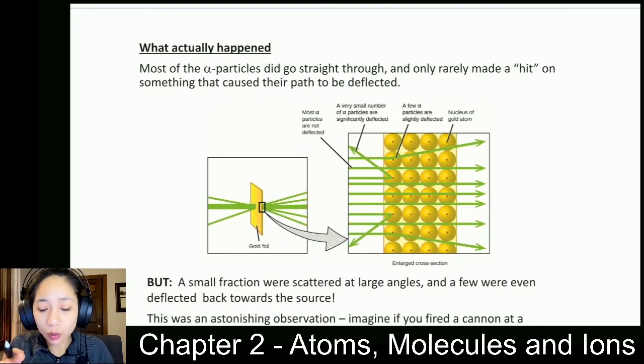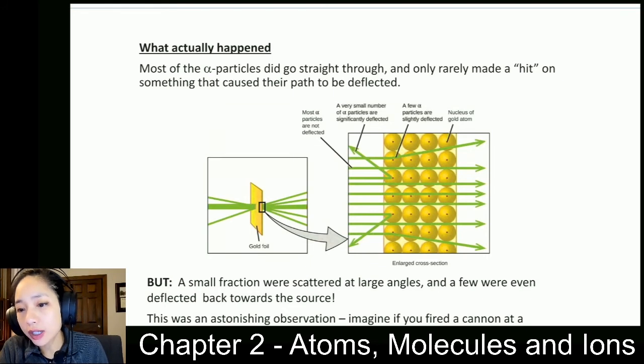So what was happening? Since most of the alpha particles went straight through, what he concluded is that atoms are mostly empty space. The majority of atoms are empty space. But once in a while, those alpha particles would actually hit something really dense, because some of those alpha particles, essentially like a cannonball, would come straight back and bounce off the gold foil sheet.